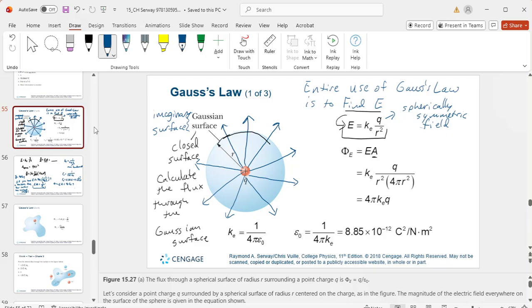So if I come back and look here at my Gaussian surface, we can definitely see that we have net flux outward because I don't have any field lines coming in. In this case, they're all going out, and they're spherically symmetrically distributed across that surface.